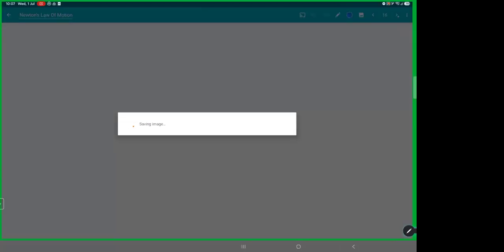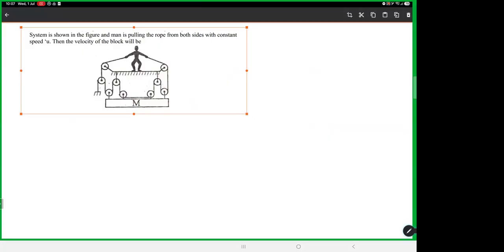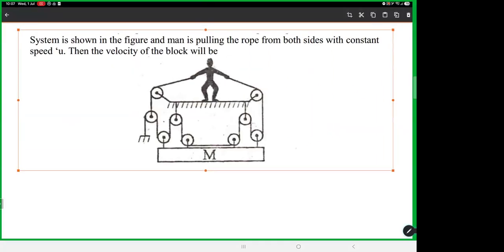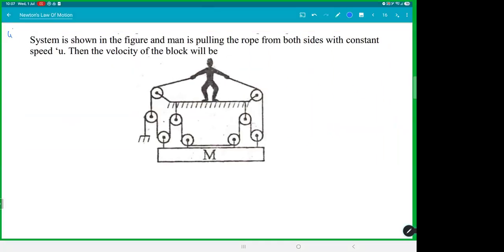This one. So we got a man there and he's pulling both the strings with speed u, meaning this part here is being pulled with u and this part here is also pulled with u. Then he's asking what is the velocity of this big block.